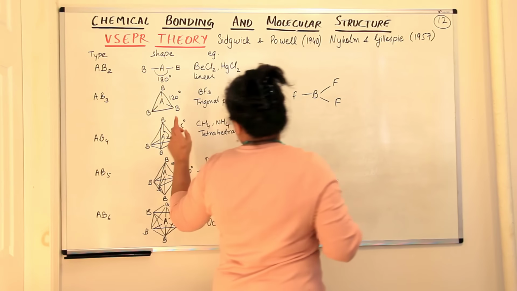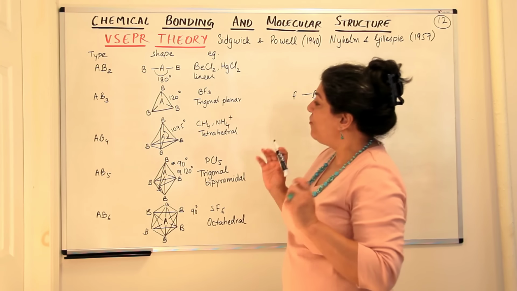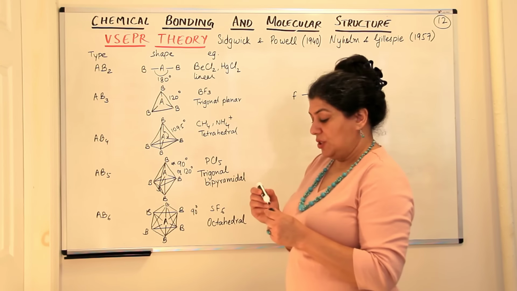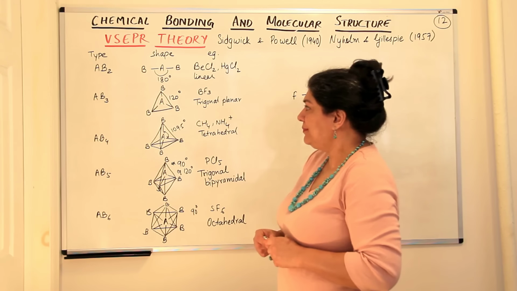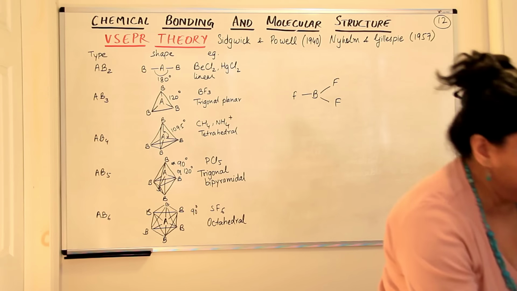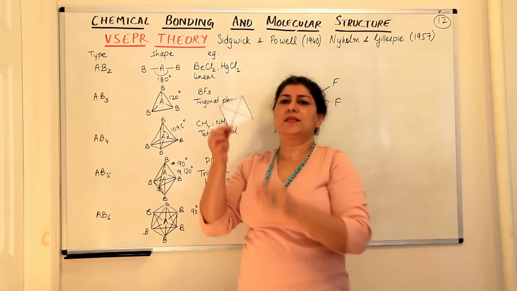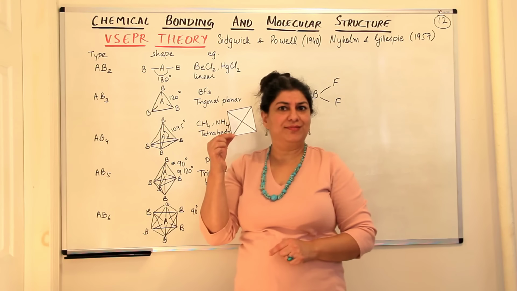So, the next molecule is AB4 type. If you have four bonds around the central atom, if there were three, we knew it would be a triangle, right? If there are four, the easiest thing that comes to mind is, why not have a square, right?